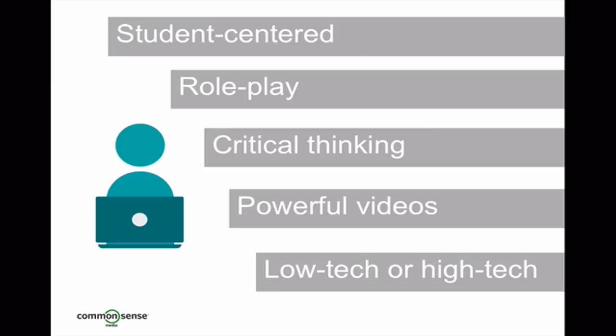And then also it's low tech with a chance to tech it up. The curriculum itself can be used in a classroom with no technology at all, just pen and paper. But there are opportunities in the lessons to tech it up, to use an online creation tool, or to use the computer, or to do something online if you have those tools available.